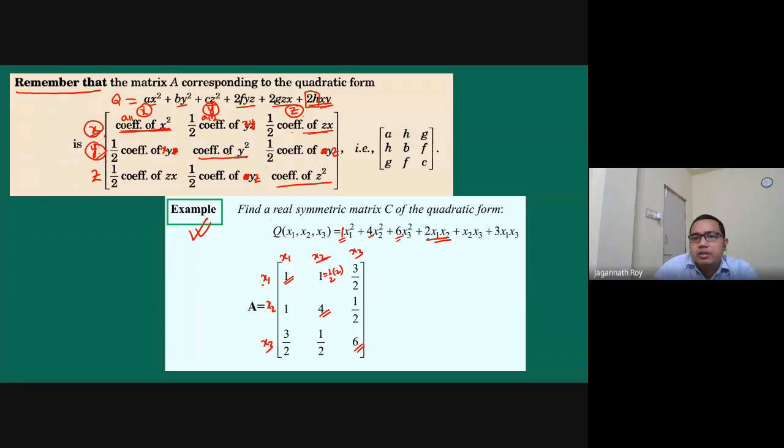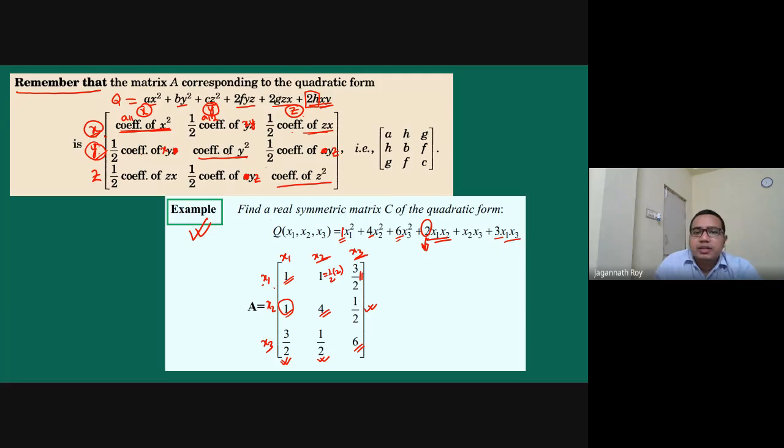Okay, half of this, x1, x3. x1, x3 is 3, so it will be half of the 3, so 3 by 2. Similarly, this is nothing but half of this coefficient. Okay. Similarly, other entries are calculated accordingly. Okay. So that is how we will get one symmetric matrix.